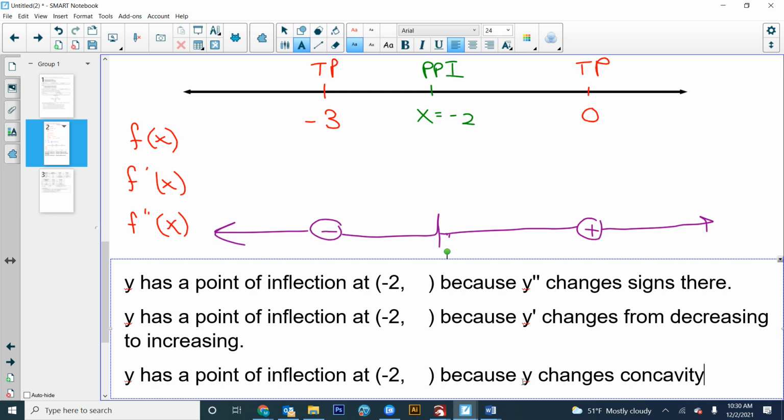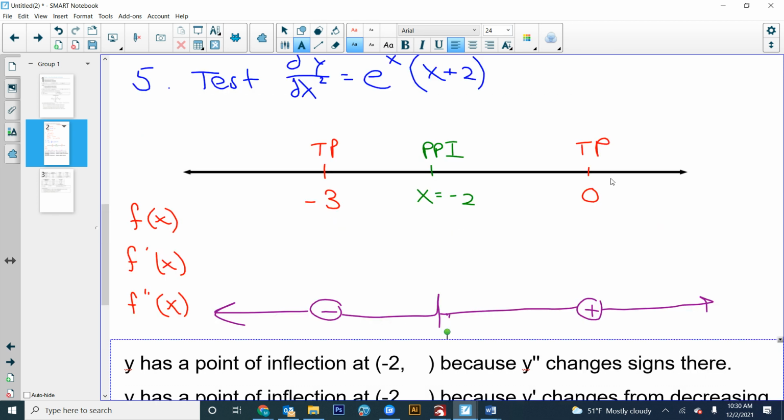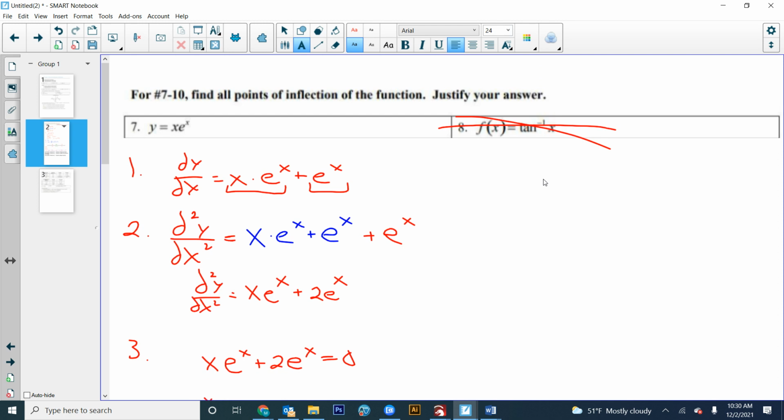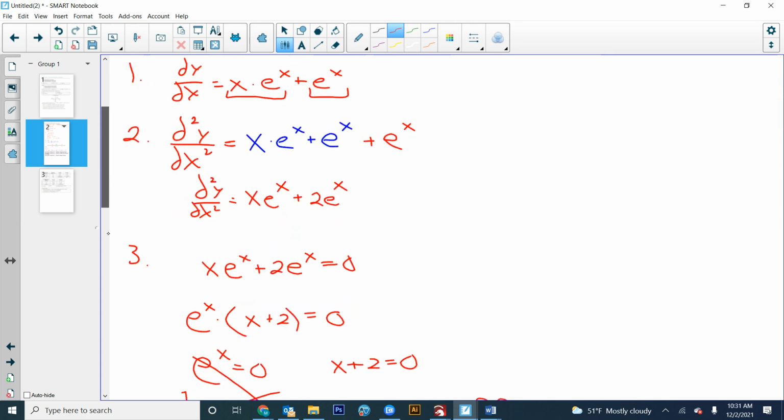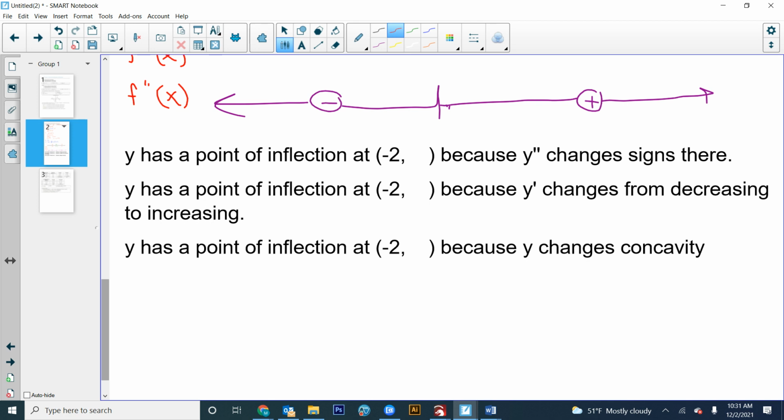Please help me. Was that clear? I'm trying to be very clear and upfront. Is that clear? Okay. The AP test graders would accept any of these three for justifying the points of inflection. All right, let's plug it back in and see what the original was. It's going to get messy. When x is -2, y is -2e to the -2, which is -2 over e squared.